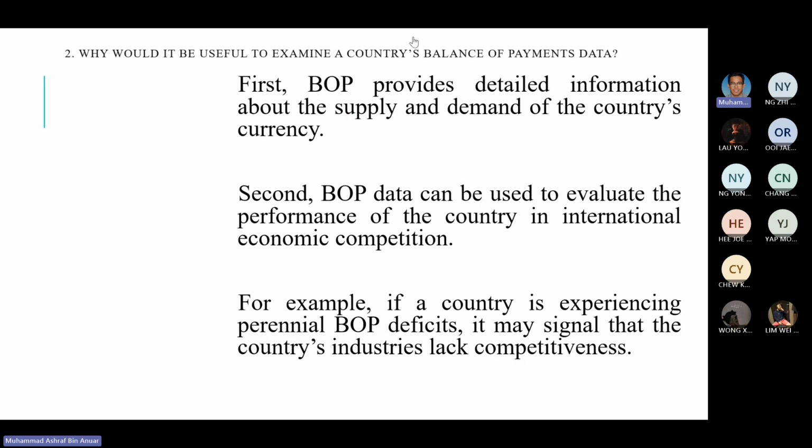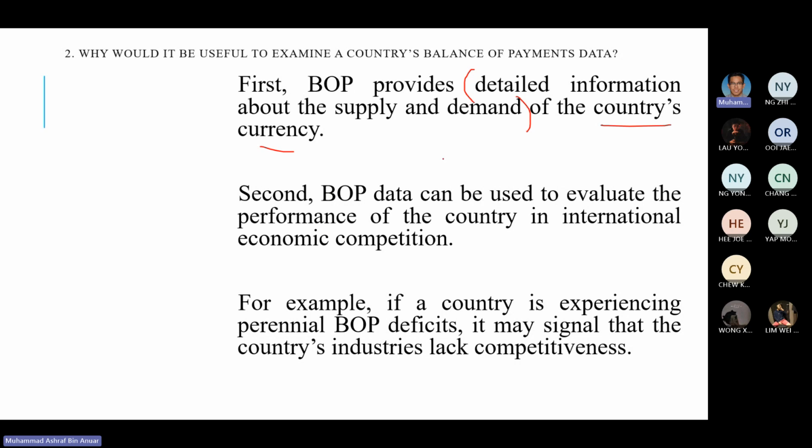Remember, when you write your answer, make sure you write all the key points. The keyword here: detailed information about supply and demand of the country's currency.